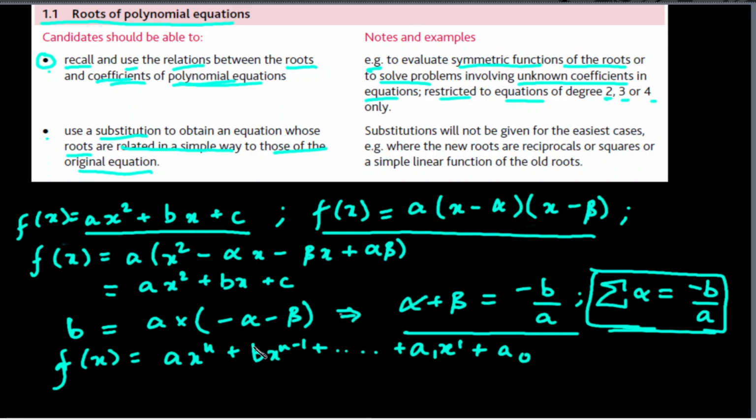Ideally, we would call this part here a_(n-1) and this a_n, but pretty much just remember that the coefficient of x to the n minus 1, where n is the degree of the polynomial, can be used in this formula to find the sum of roots.